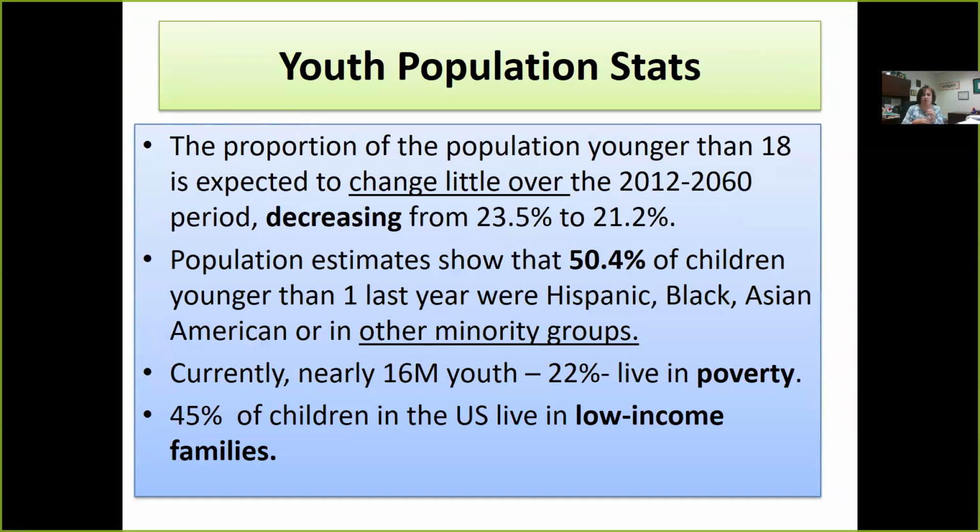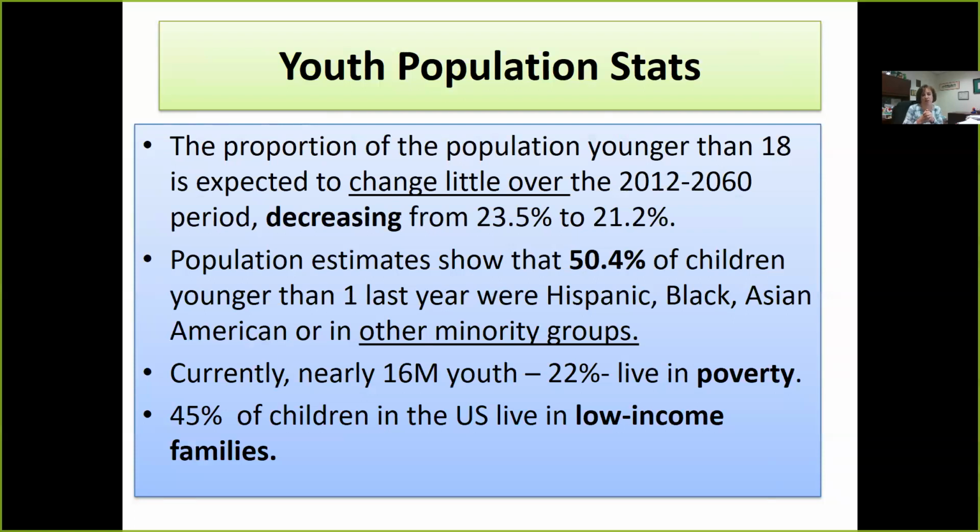There's an estimate that about 50% of children younger than 1 were Hispanic, Black, Asian American, or in other minority groups. So about 50% of the youth born in the United States who are younger than 1 are in one of the minority groups. And currently there are about 16 million youth in the United States, and 22% of those live in poverty.